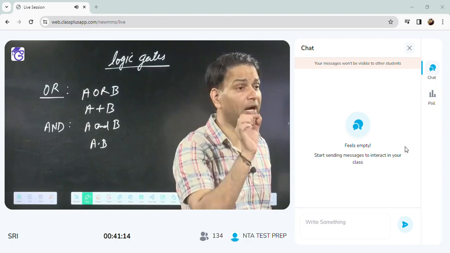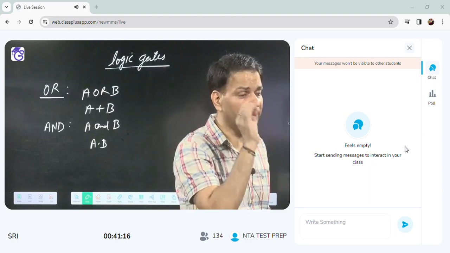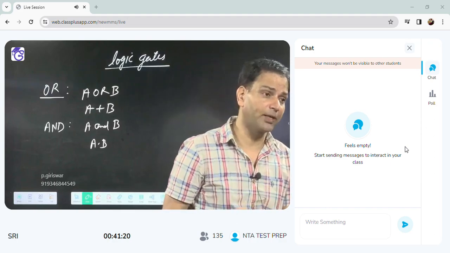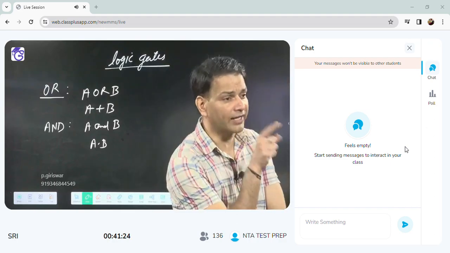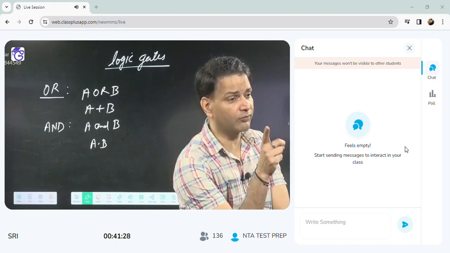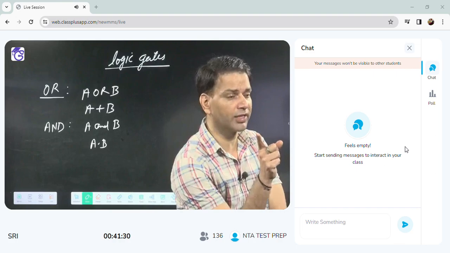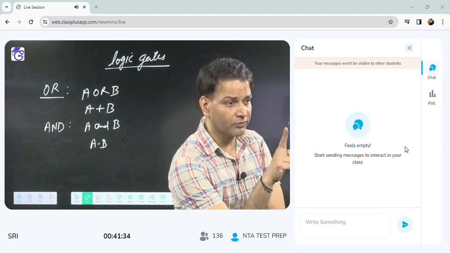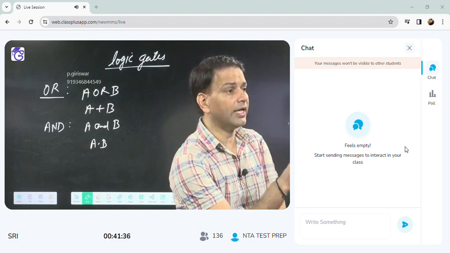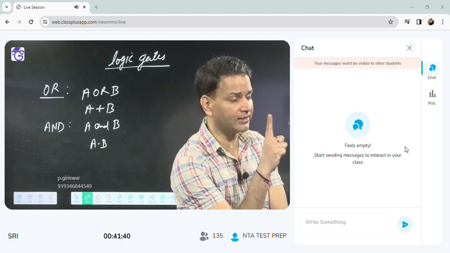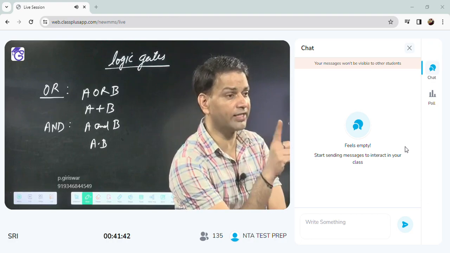Remember, everybody has to be very fluent and fast in these cases. A and B, or A dot B, means the output will be high only when both are high. Both have to be 1, then only we get 1. If anyone is 0, then the output is 0. In the case of OR, only one case gives 0, when both are 0. In the case of AND, only one case gives high, when both are 1.